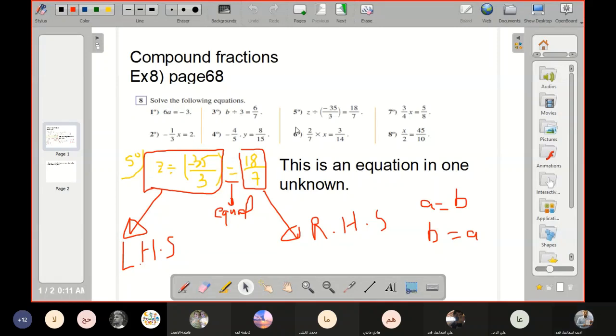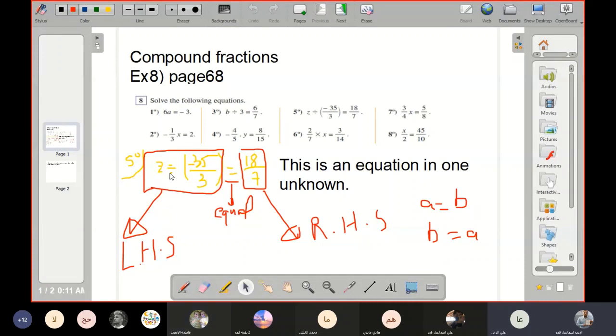Okay, so let's continue. We have z over minus 35 over 3 equal 18 over 7. I have to choose a method here. I have more than one method to solve this equation. Here we have z over. We can put this over as a fraction, and we can take this fraction to the other side and change the over to what?